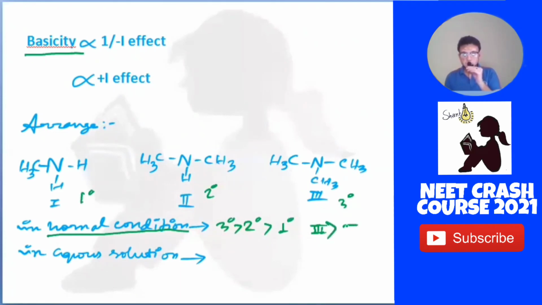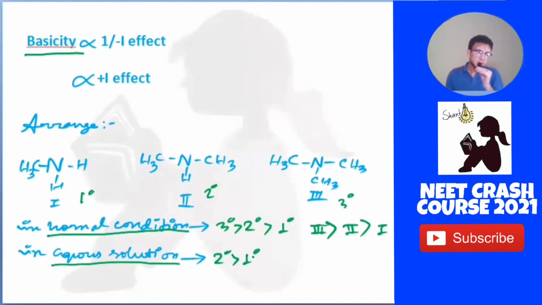So it will be 3 greater than 2 greater than 1, right? But in aqueous solution, the 2 degree becomes greater than the 1 degree greater than the 3 degree, so it gets reversed. So according to this it will be 2 greater than 1 greater than 3.